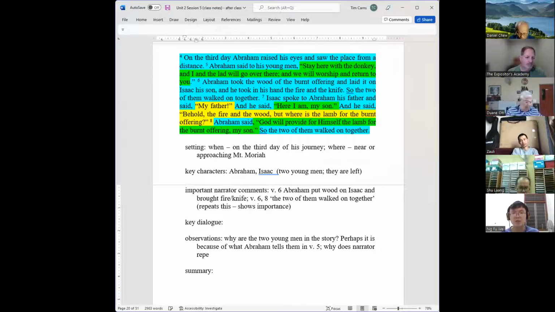So while he was walking, the two of them were going on towards the place where God had told him, Abraham could be thinking of something, and then the narrator decided to give us the thought of Isaac, where he asked his father, Father, you have the fire and wood here.